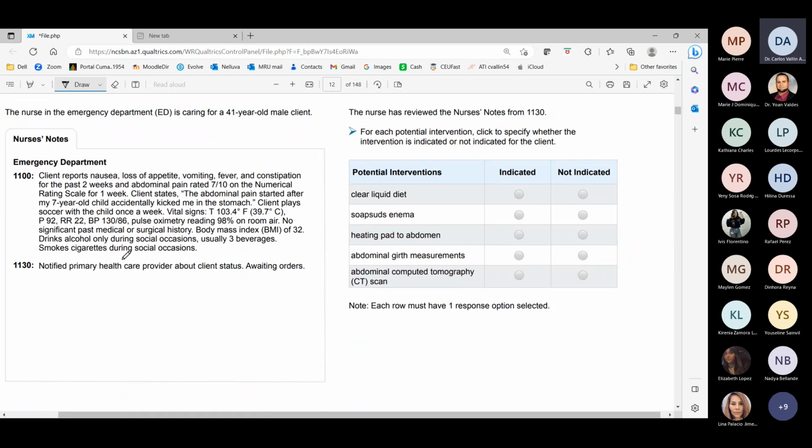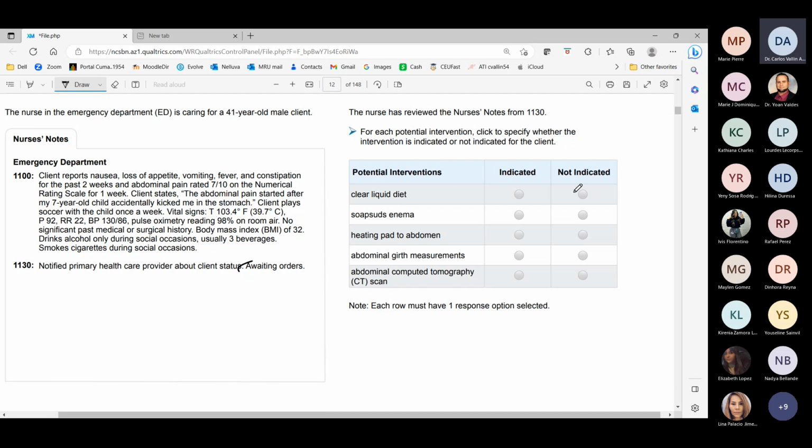There is a new item mentioned in the nurse's note: she notified the doctors and was awaiting orders. Now, for each potential intervention, accepting that the client has appendicitis, click to specify whether the intervention is indicated or not indicated.